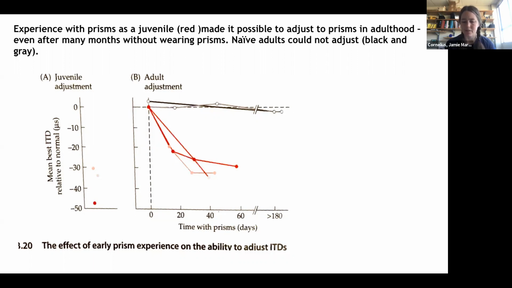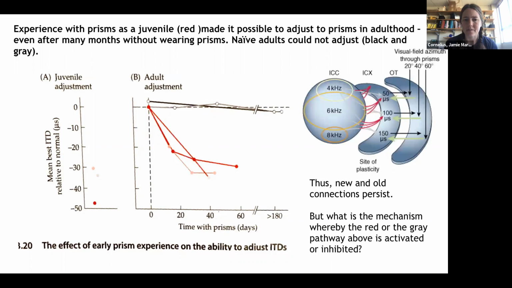they were wearing prisms. But if you take adults that had never experienced that as a juvenile, they couldn't do it. Essentially, they had to have had the experience as a juvenile to form those other, different prism-adjusted synaptic connections in order to have the ability to do this as an adult.